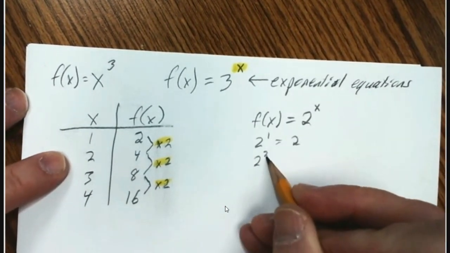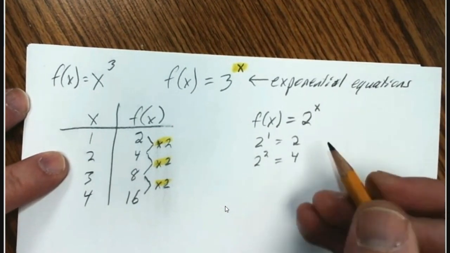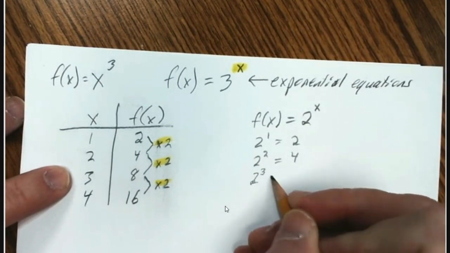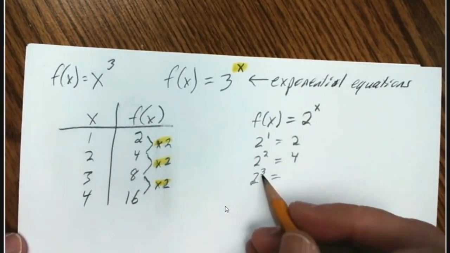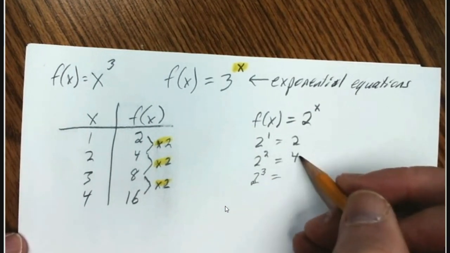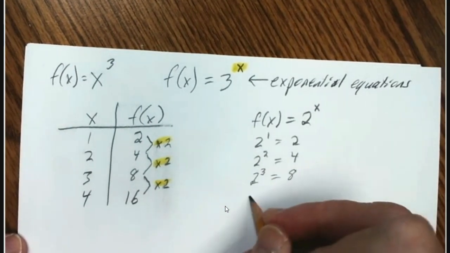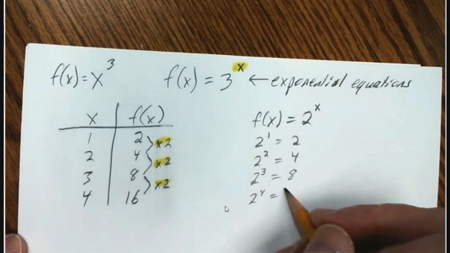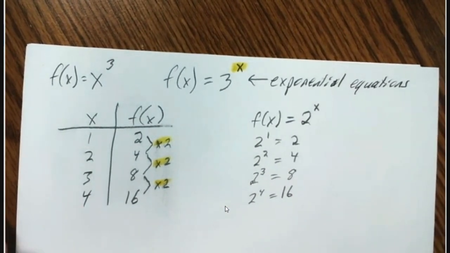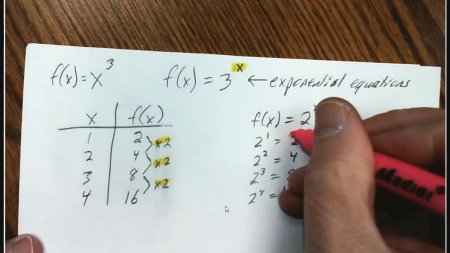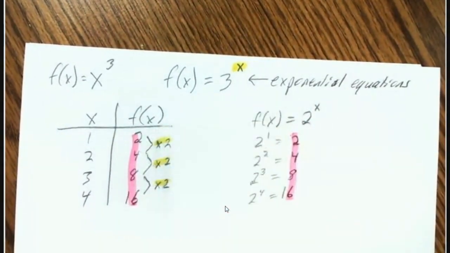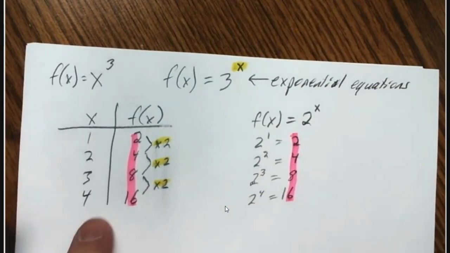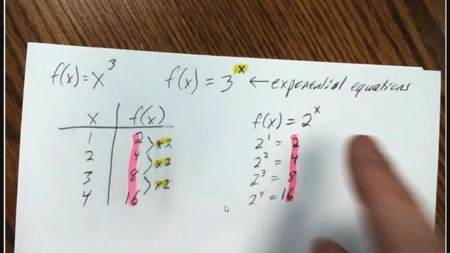Well, 2 squared is 2 times 2, that is 4. When x is 3, 2 to the third power is 2 times 2 times 2. So 2 times 2 is 4 times 2 is 8. 2 to the fourth would be 2 times 2 times 2 times 2, which is 16. So yes, we do see that these numbers match our table, 2, 4, 8, 16. So this is the exponential equation, f of x equals 2 to the x power.